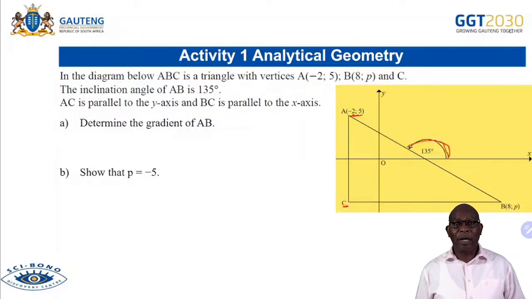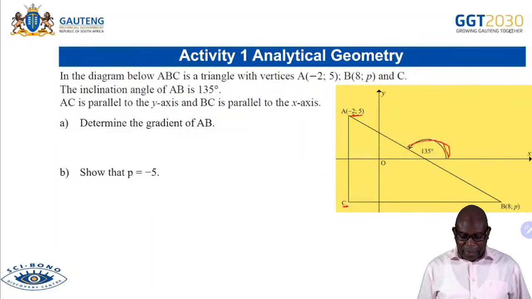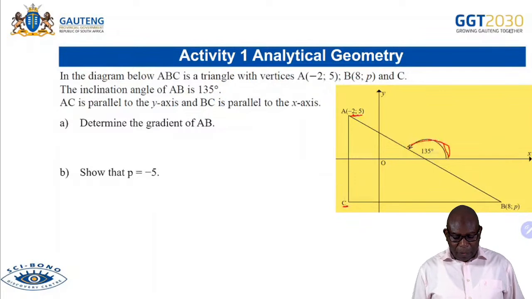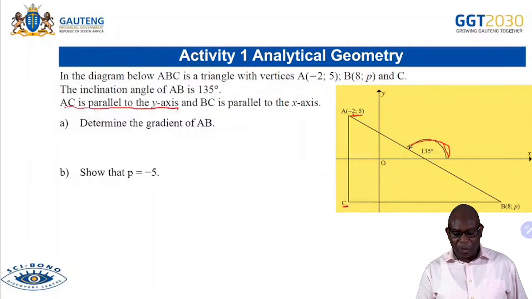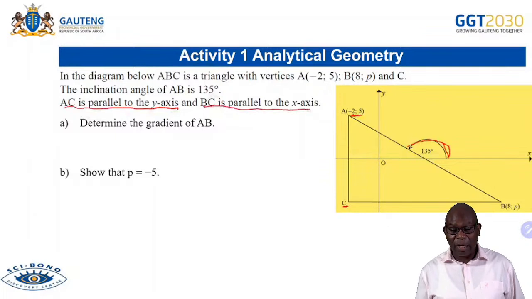What do you know about the angle? The tangent of the angle gives us the gradient. So that we must also know. Right. You are given that AC is parallel to the y-axis, and we're also given that BC is parallel to the x-axis.